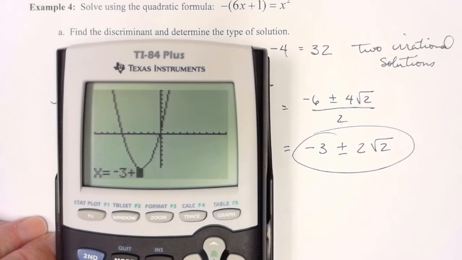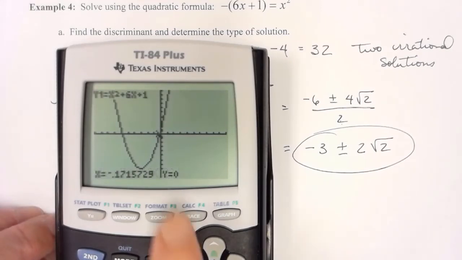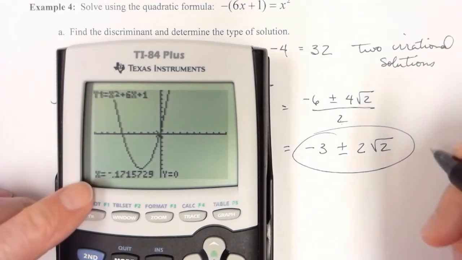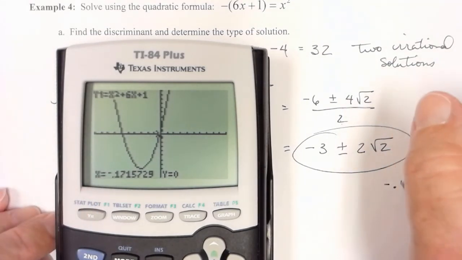Negative 3 plus 2 square root of 2. And let's see if it gives me a 0. There's my 0. So that's one of the values, round to the 4th decimal place.